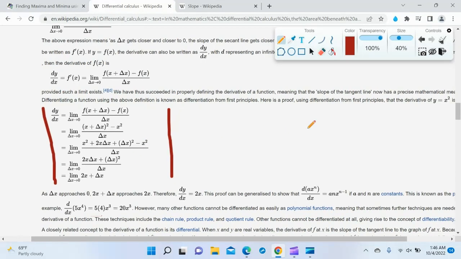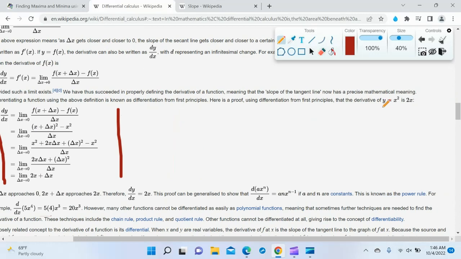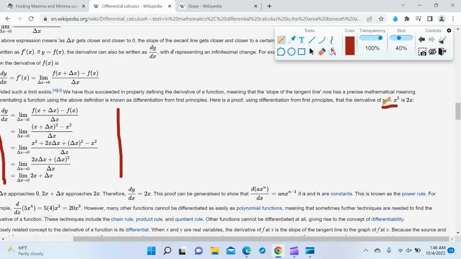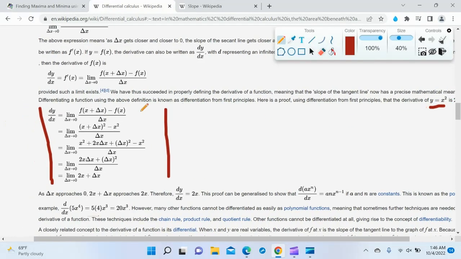How will we prove it? Let's take f of x equal to x square. Then f of x plus delta x is (x plus delta x) whole square, minus x square.